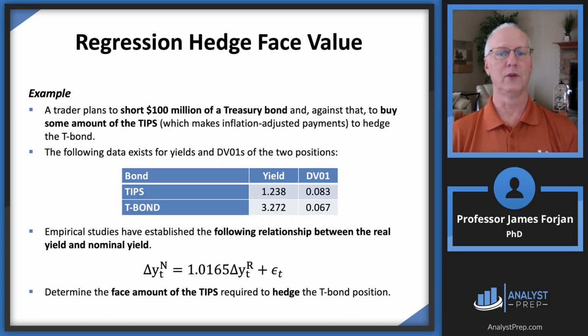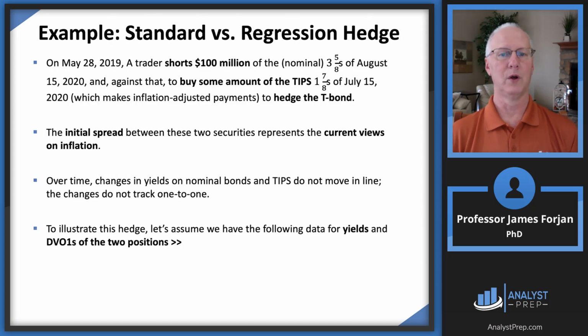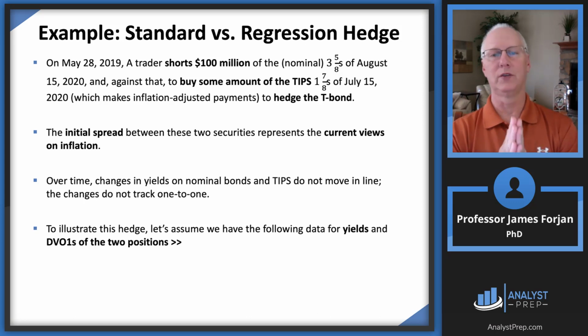Although I will say this, look, back here in this example, where was I? If we were shorting 100 million and we wanted to completely eliminate interest rate risk, we could just take the long position in a treasury bond futures contract. That would get us all the way down here. I could show you an example where you could get pretty close to zero, if not exactly zero. But that's not what we're doing here. We're trying to make a bet on inflation.